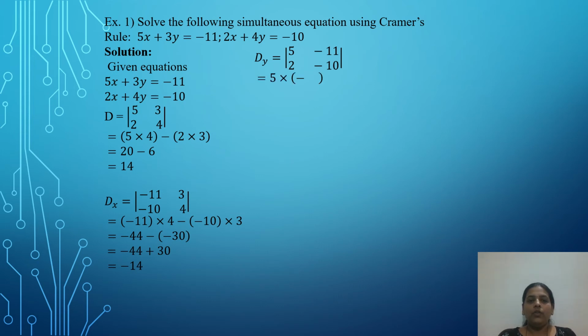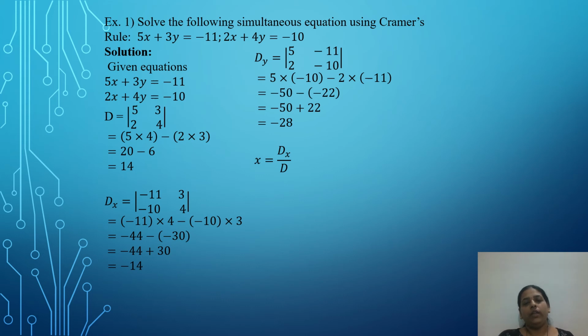After that, 5 into minus 10 minus 2 into minus 11. 5 into minus 10 is minus 50. Then minus 22. After that, minus 50 plus 22, which is minus 28.